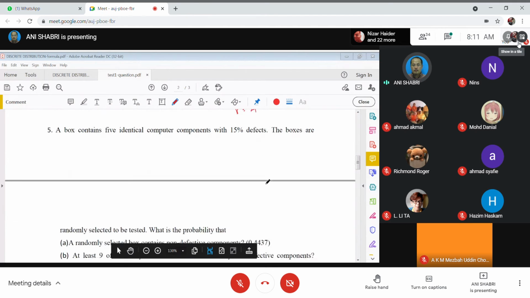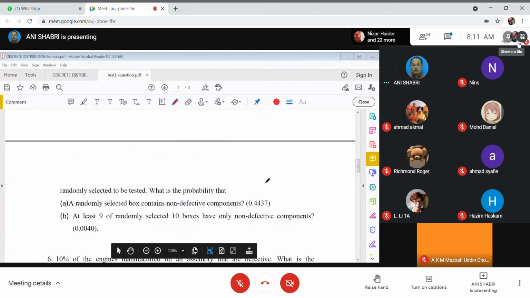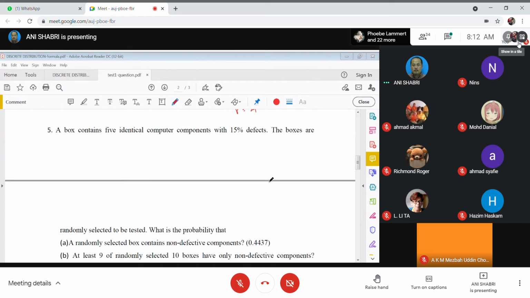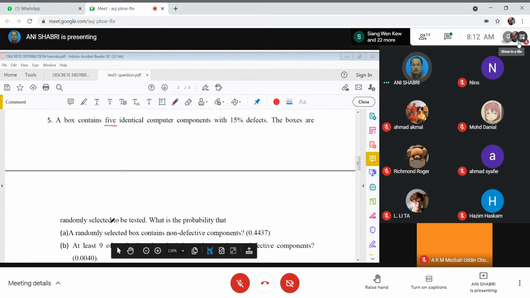Okay, number 5. For this one, it is given that the boxes are randomly selected. Number 5A, what is the distribution?